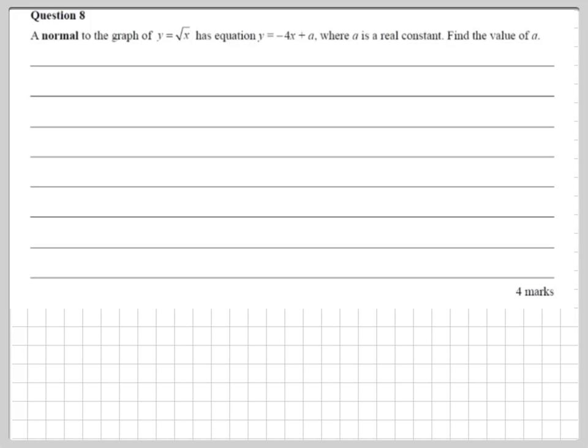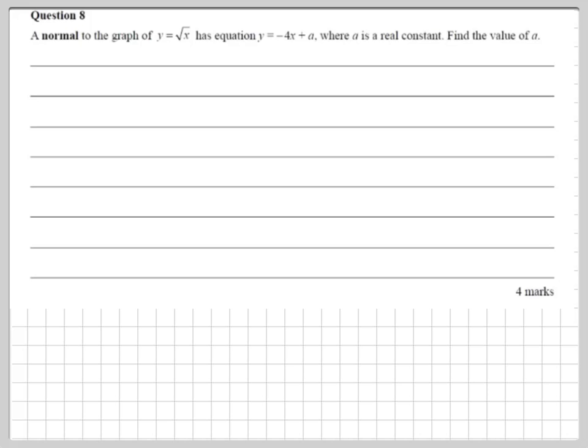Now, if the equation of the normal has a gradient of -4, therefore the gradient of the tangent will be plus 1/4. So having just worked out the gradient function as a half of x to the minus a half, if I equate that to 1/4, I can get the x value out of it, can't I? I can solve it for x, yeah? Then I can plug the value of x in to get y from the original function, right?